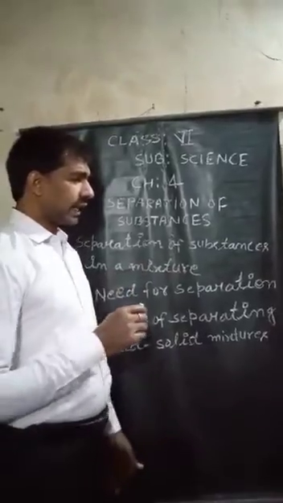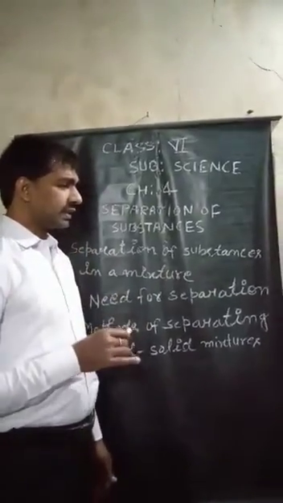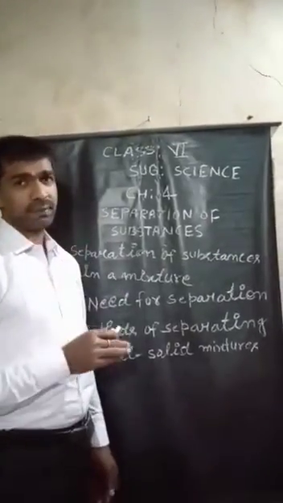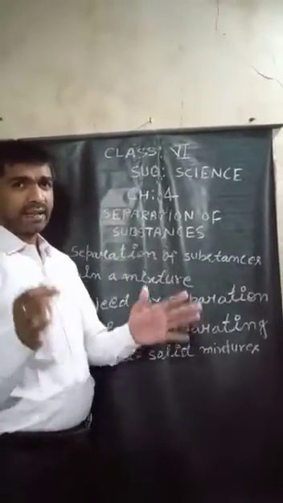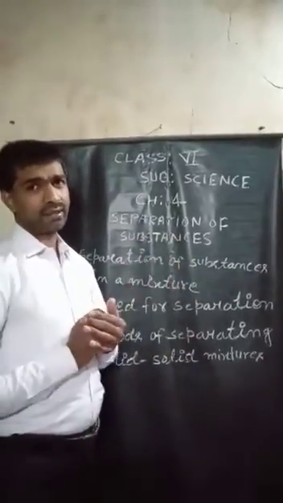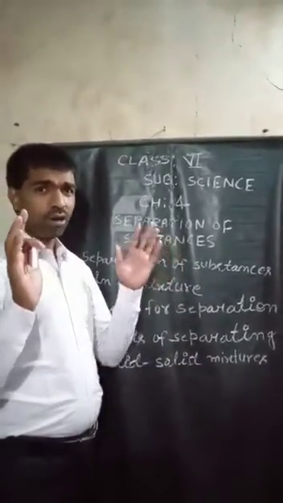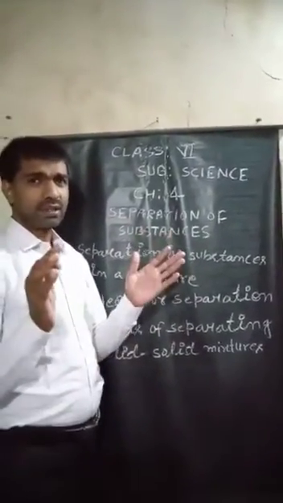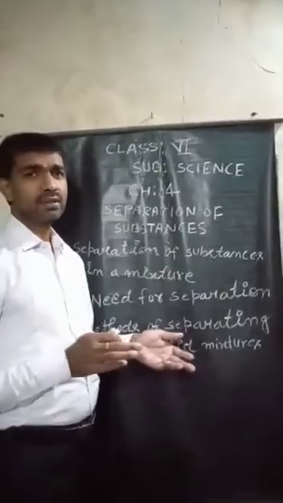After that, iron, as you know, is attracted to a magnet, while sulfur does not have this property. That means iron has a magnetic property, so it will be attracted by a magnet, and sulfur is non-magnetic. Sulfur has a non-magnetic property, that means sulfur isn't attracted by a magnet.